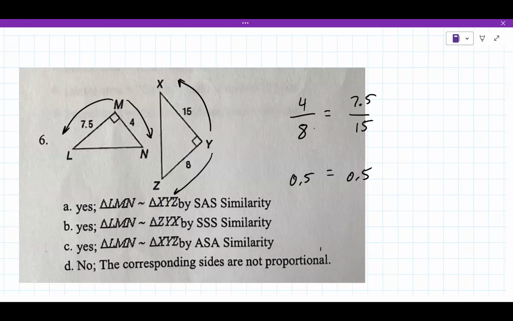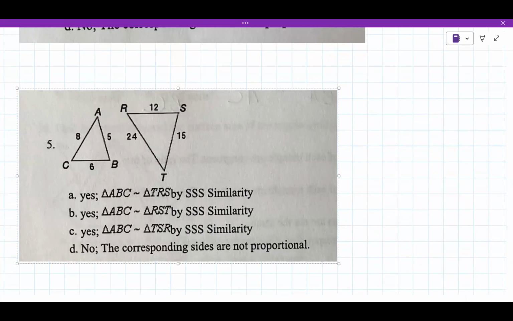Now another way students do it is they say, to go from the smaller to the larger, what do you do? You multiply by 2. And does that work with the other one? Yes, it does. Now I want you to look at this other problem and decide if that works. Keep in mind, it has to work for all of them. You can't just say it works for one, I'm good. You've got to try them all.